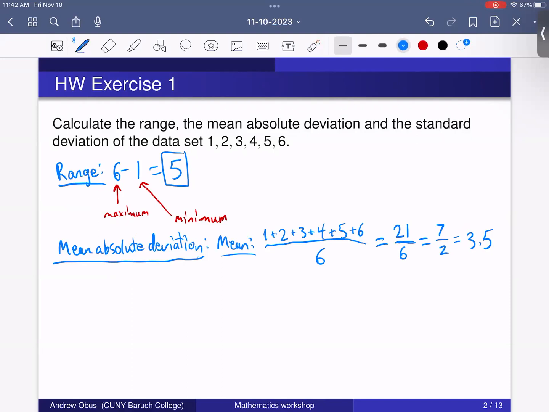Great. So for the mean absolute deviation, Armstrong, you can continue if you want to finish it up. Yes.